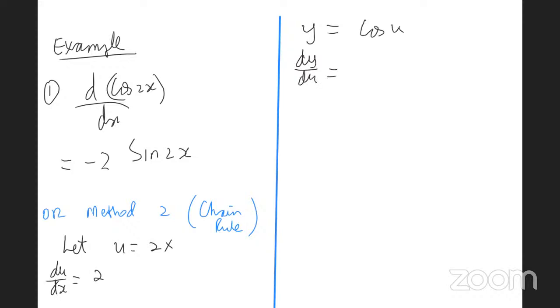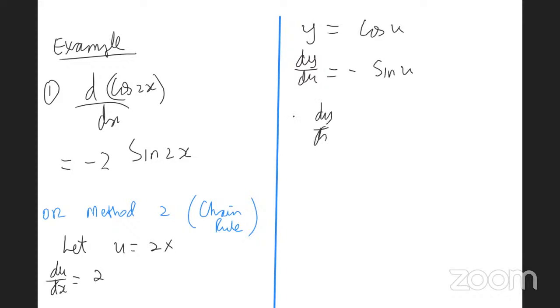Adele, what's the differential of cos u? What's the differential of cos x? So what's the differential of cos u? Negative sin u. Okay?